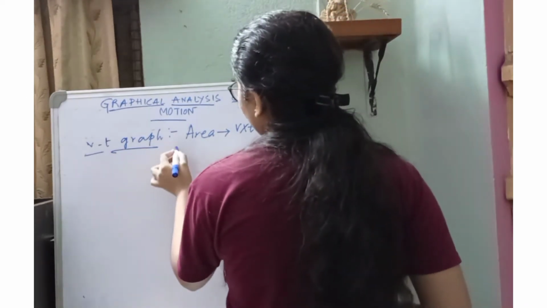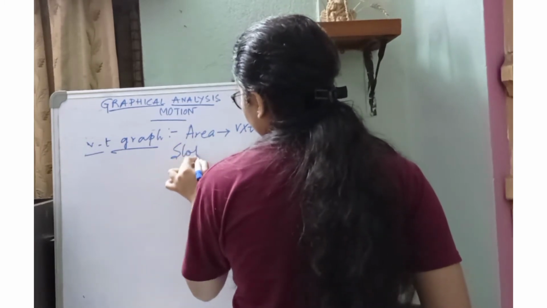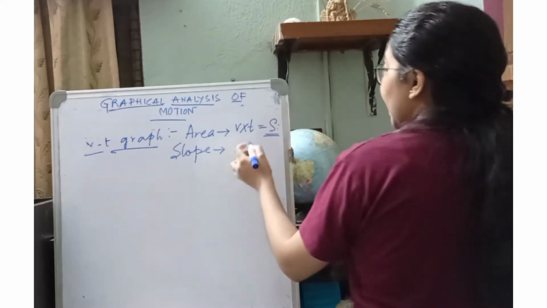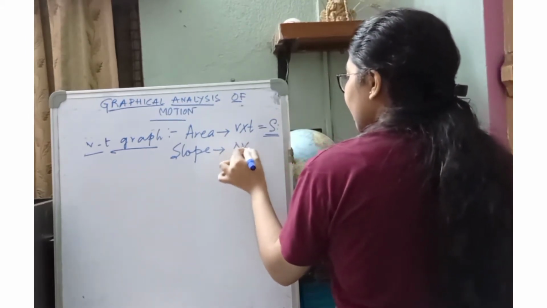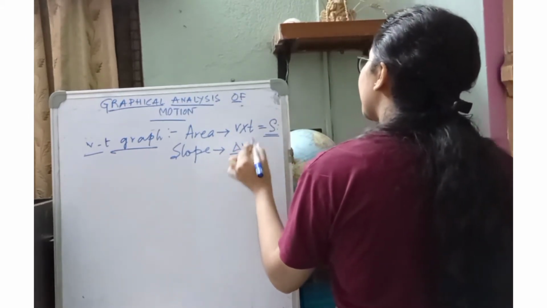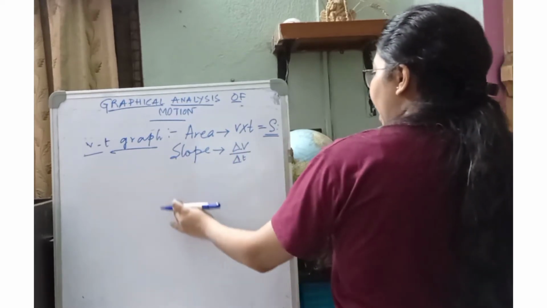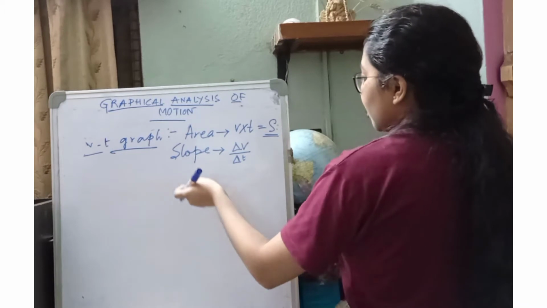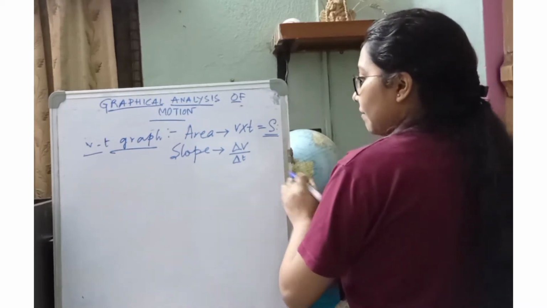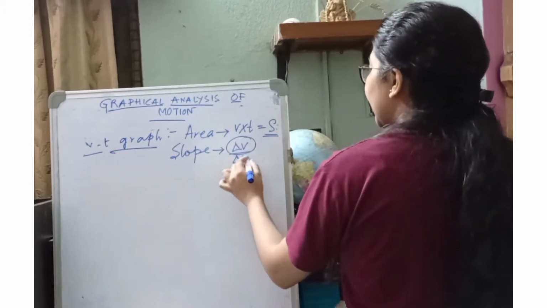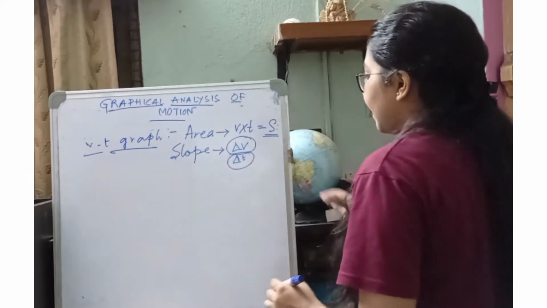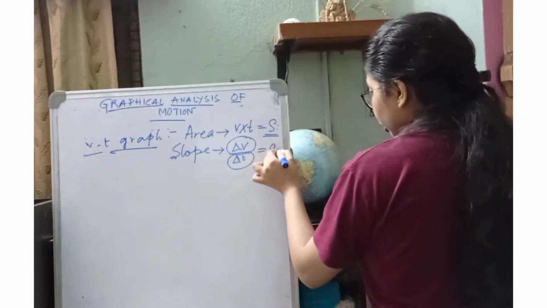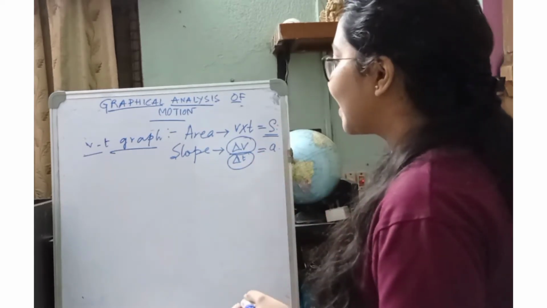Or if we go for the slope of the VT graph, this slope value will be delta V by delta T, if we do y2 minus y1, because on the y axis we plot V, and on the x axis we always plot the time. So y2 minus y1 will be delta V and x2 minus x1 will be delta T. As a result, the slope will be the value of acceleration.